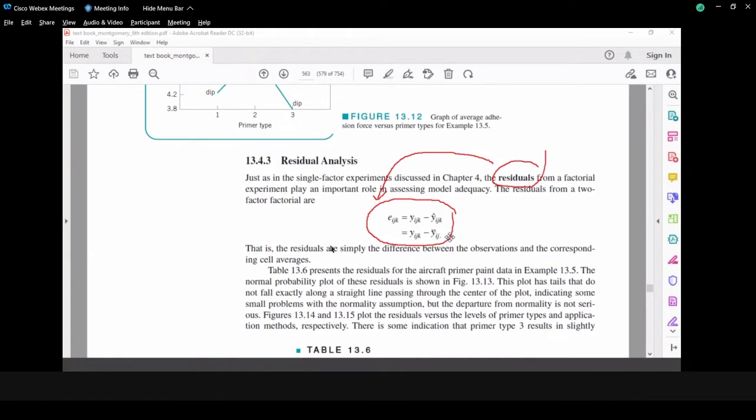That means for each cell, the residual is derived from the actual observation that you collected, referred to the cell average. Remember, we have 3 replicates, right? That's called residual analysis.